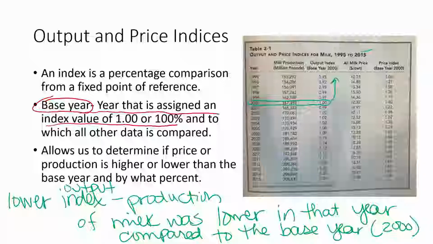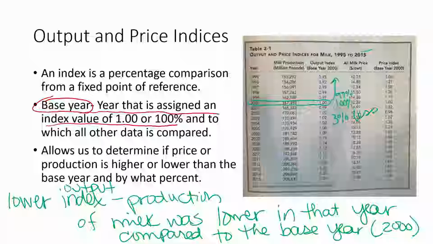Well, we might ask, how much lower was it? In this case, if we translate these into percentages, if we consider that 2000 was 100%, then we see that 1999 was at 97% of that base year production. That means we were producing 3% less. So 97% of the year 2000 value was being produced in 1999.